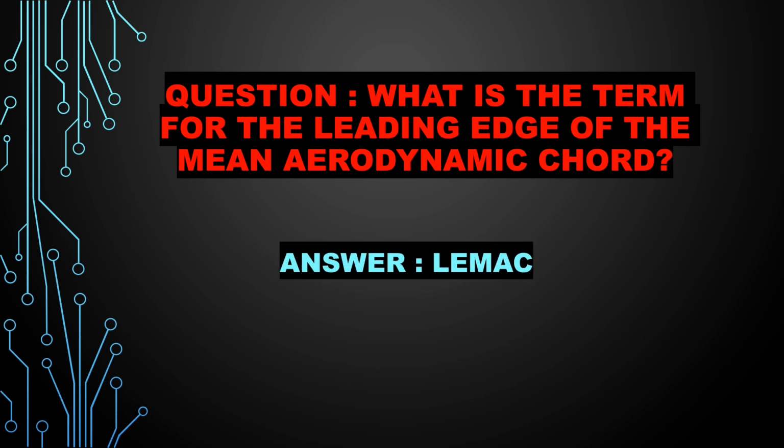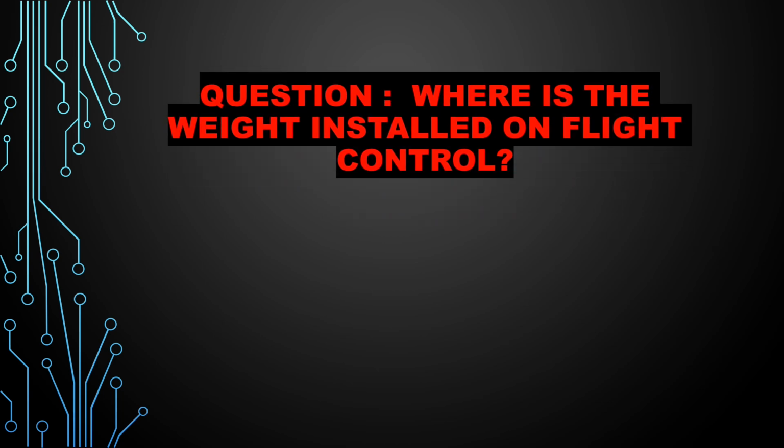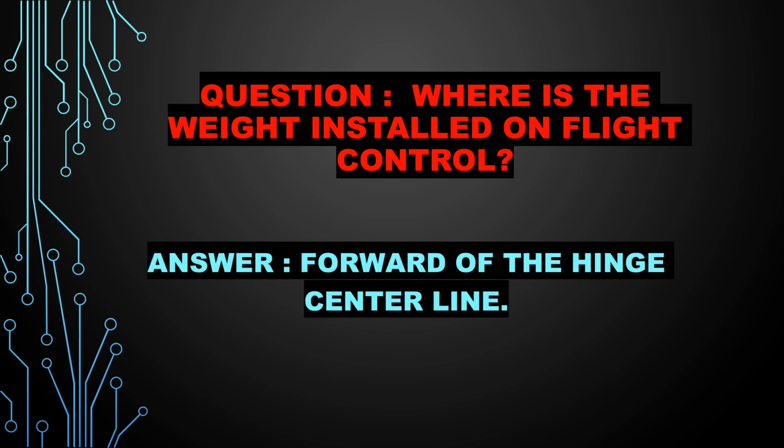Answer: LEMAC. Question: Where is the weight installed on a flight control? Answer: Forward of the hinge center line.